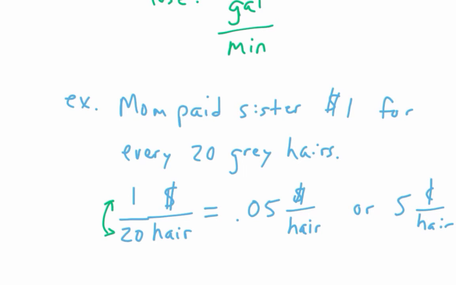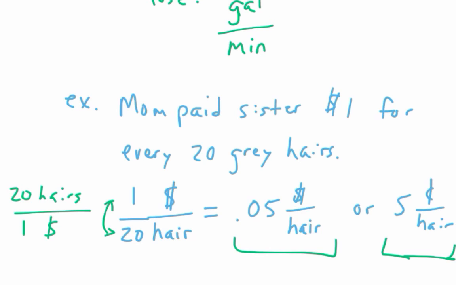Okay. Really you could go with any of these things. You could say $1 per hair. The unit rates, though, are nice. So like this here or this here, I think makes more sense than the $1 for 20 hairs. If you wanted to, you could flip this over. Instead of saying dollars per hair, if you said hairs per dollar, do you agree you could flip that, and flipping it would give you 20 hairs per $1.